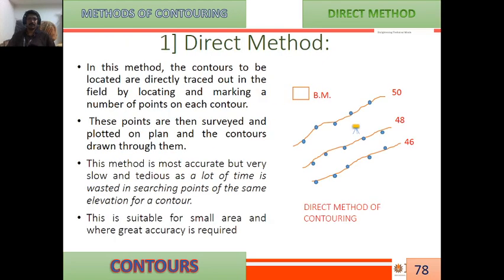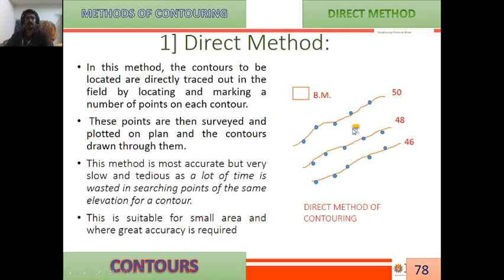Direct method. This is the most accurate method, but it is a very time consuming and tedious process. It takes a lot of time. For a small area it is better, and it gives more accurate results, right? Here the instrument is set up. Fly leveling is the major concept adopted here.